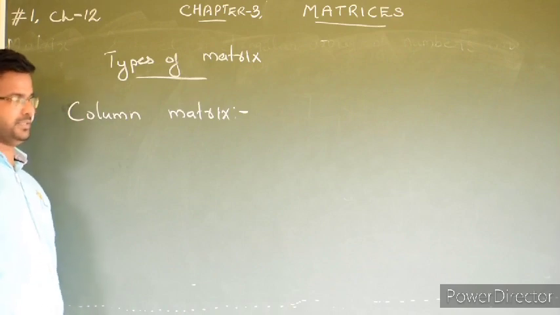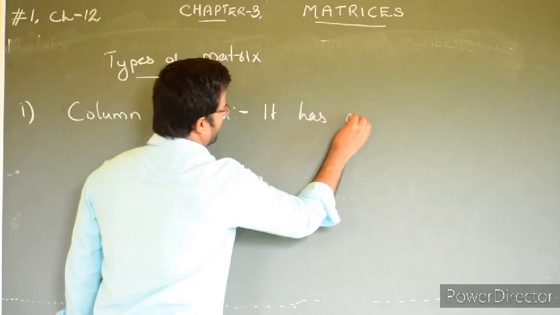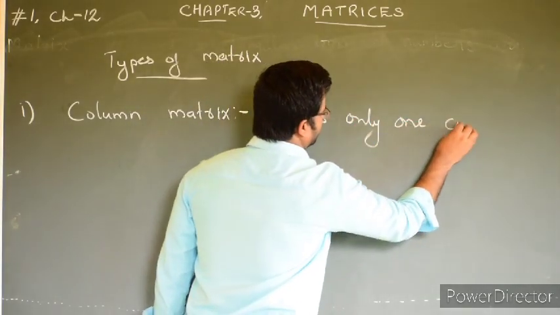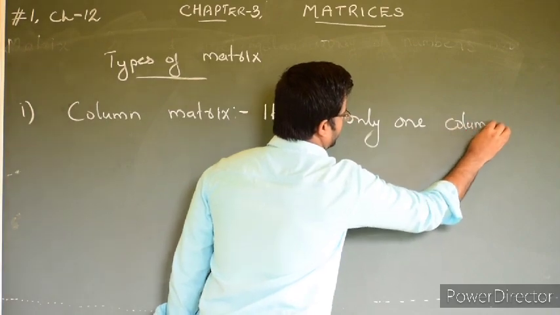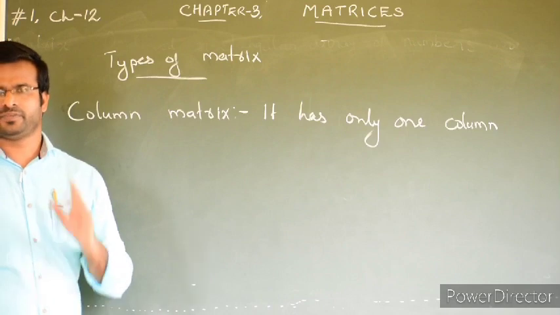What is a column matrix? It has only one column. A column matrix has only one column.